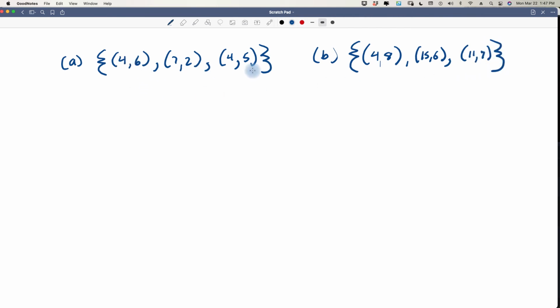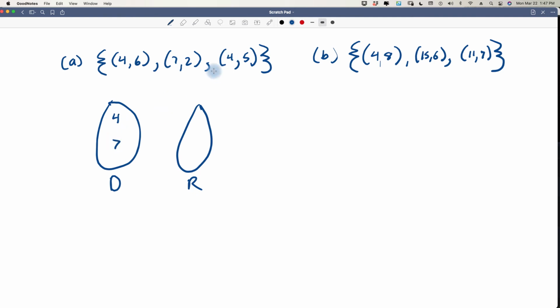All right, is this a function? Let's see. We can draw our little sketch here if we want to. You don't have to, but it sure helps to solve the problem. We have a 4, we have a 7, oh, and we have 4 again.